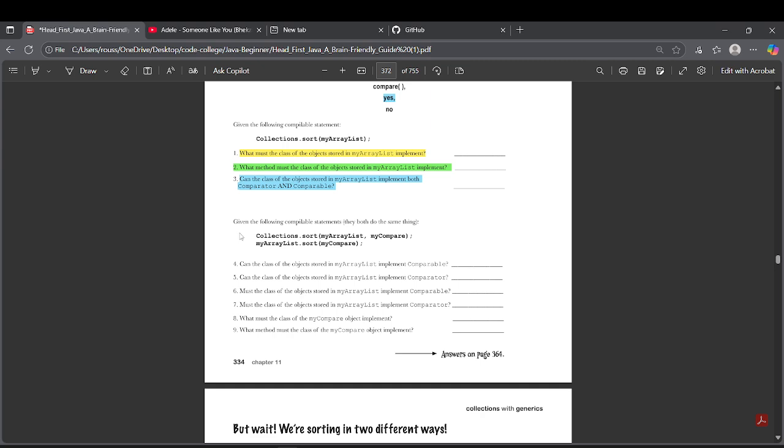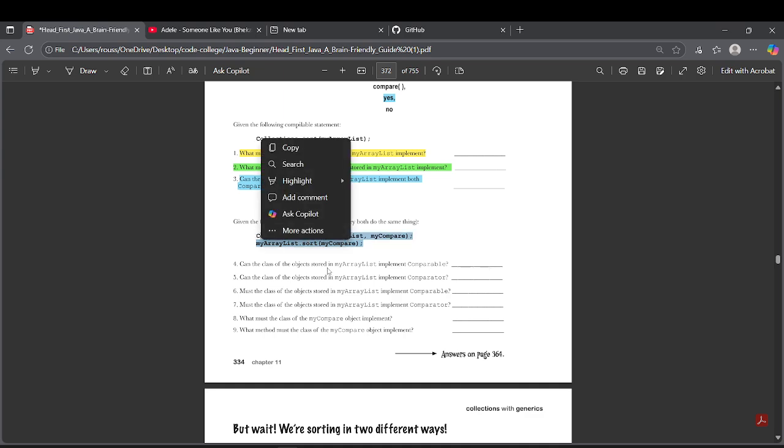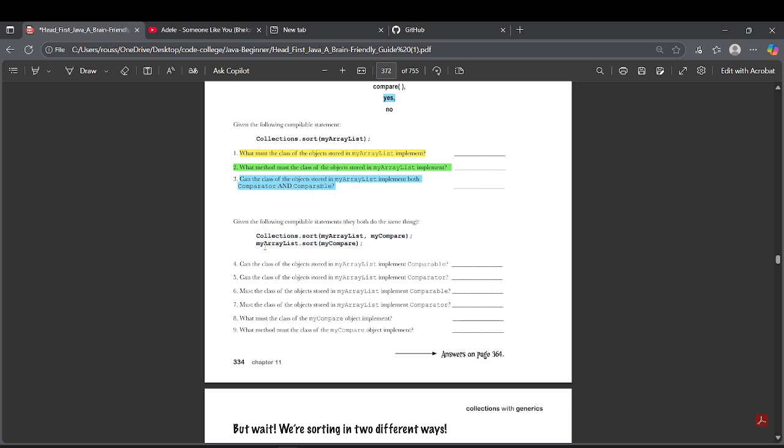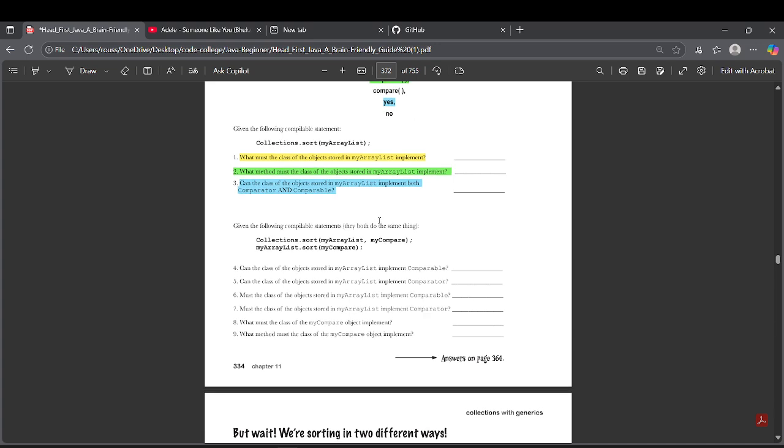Given the following comparable statements, they both do the same thing. So over here, if we just look at the statement over here, Collections.sort(myArrayList, myCompare) and myArrayList.sort(myCompare). Must the class of the object stored in my array list implement comparable? So these are yes and no answers.